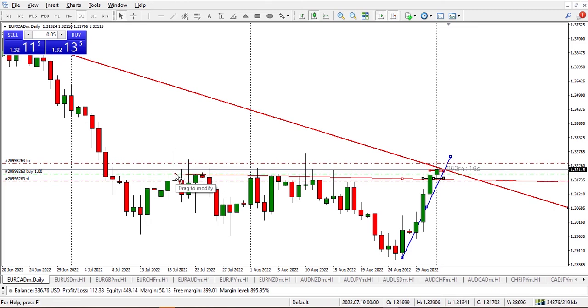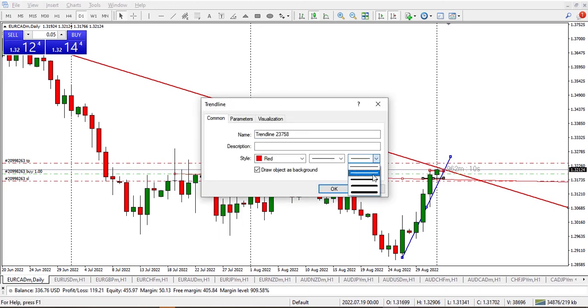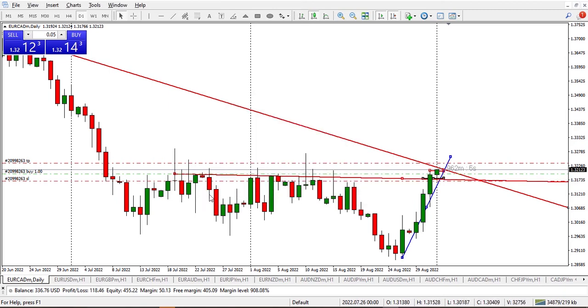Over here we have our trend line. Now you see the trend line. So this is an important level for the market, this level here.